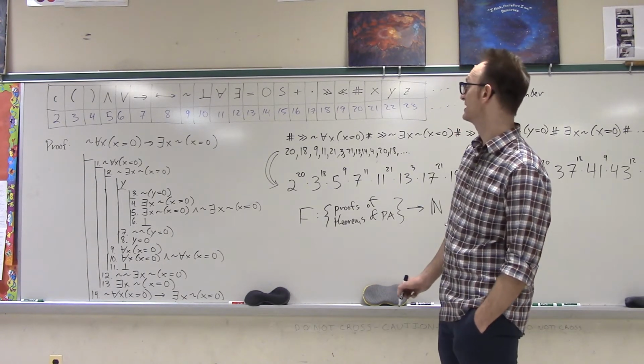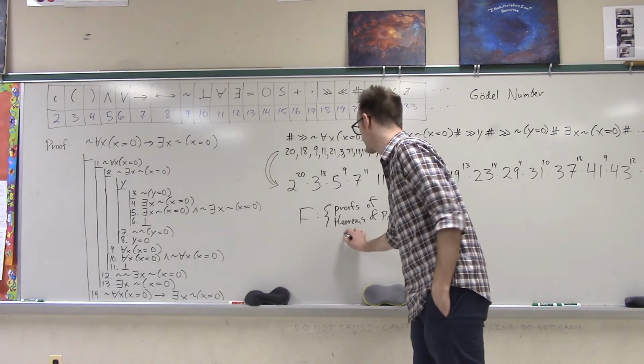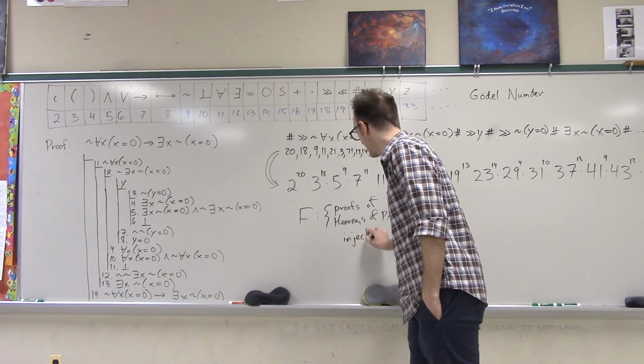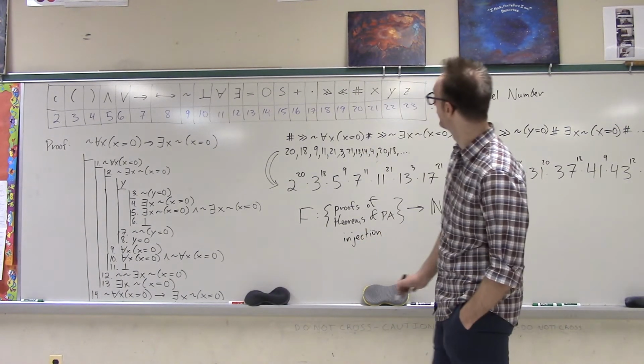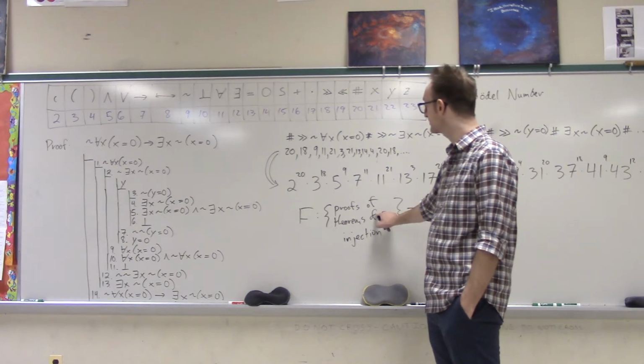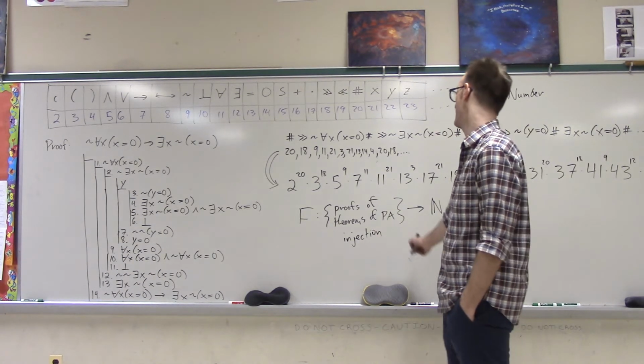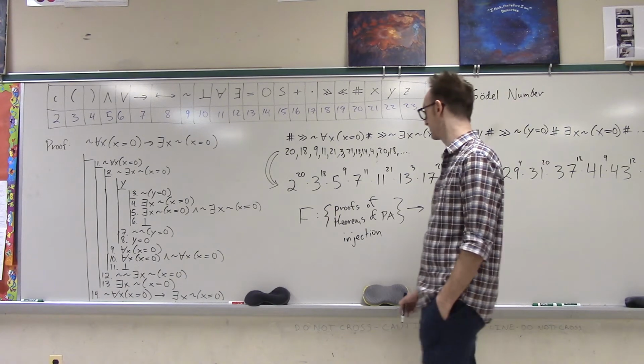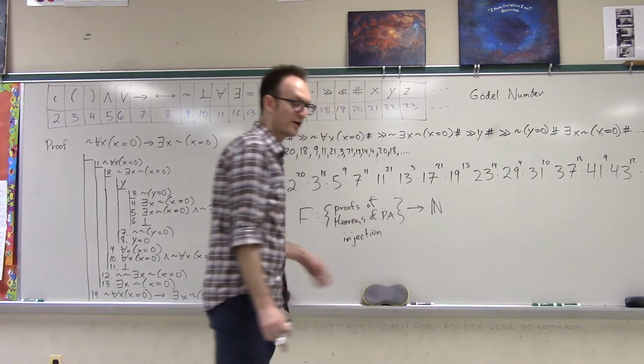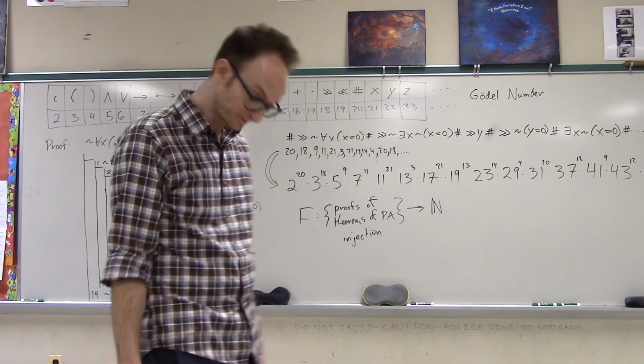And this is, in fact, an injection. And it's almost a bijection. What this proves is that the set of theorems of Peano arithmetic are a subset of the natural numbers. And so our conclusion is there are only a countable number of proofs.